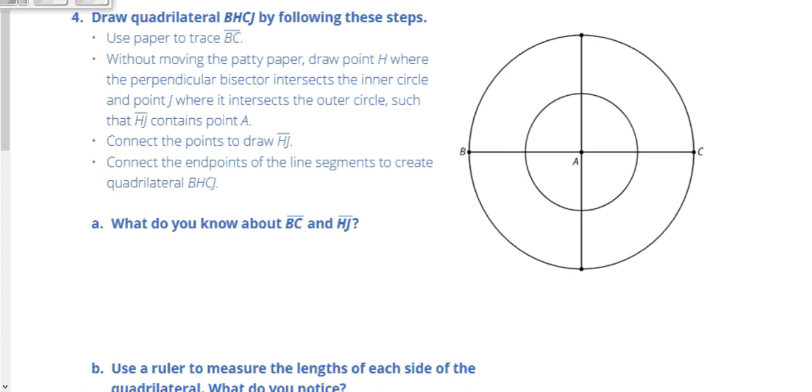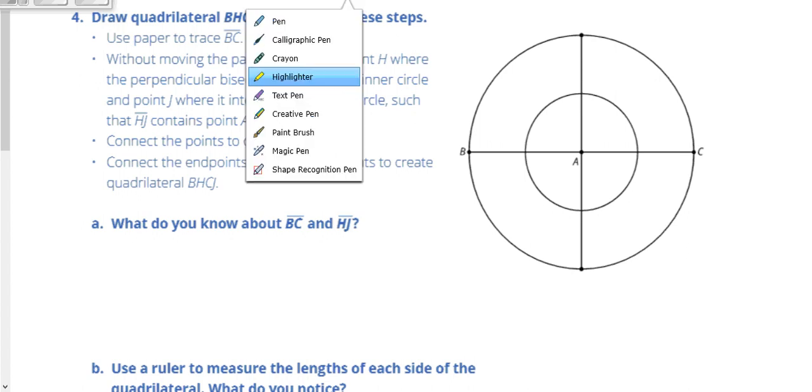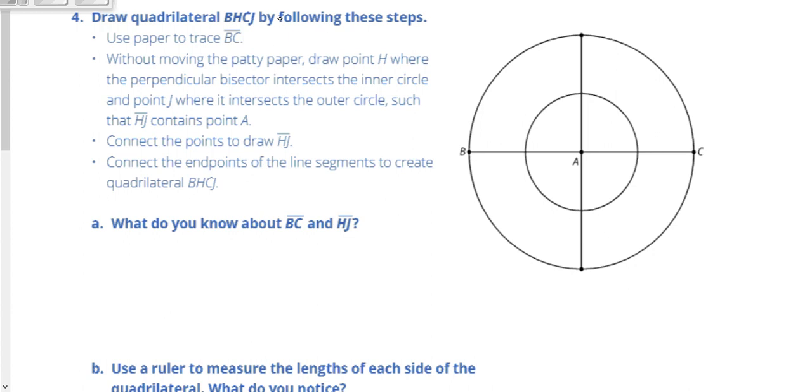So we're now on page 131. Again, they ask us to use BC and move it to draw point H where the perpendicular bisector is. Basically, they're asking us to use patty paper, but they've already drawn it in here.